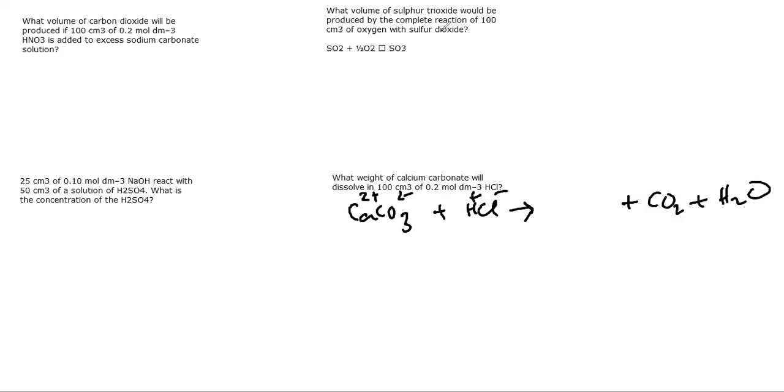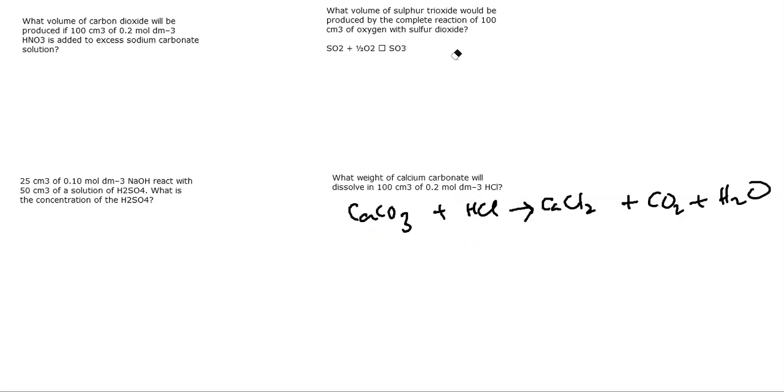You can pair them. So Ca and Cl, and then H, you have 2 plus for Ca and H plus, so you'll have CaCl2. So the equation has Ca and Cl2.